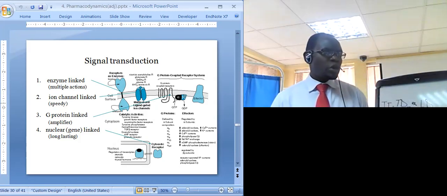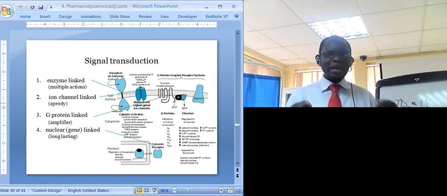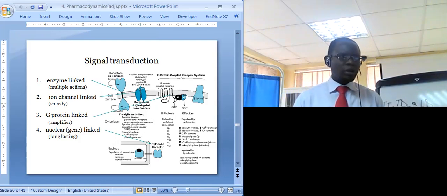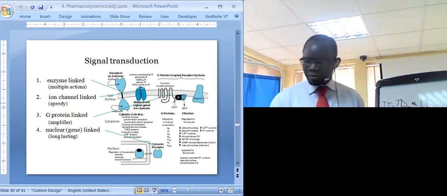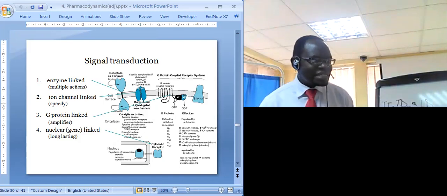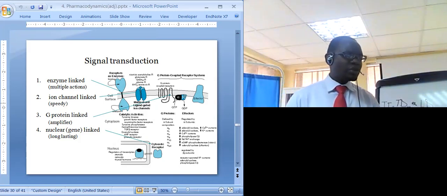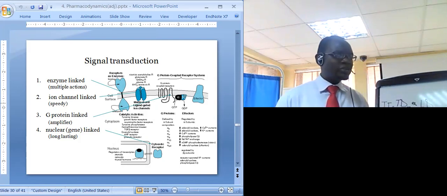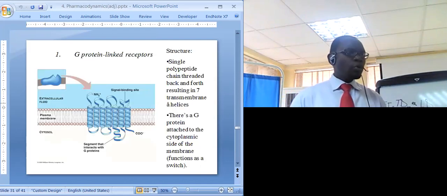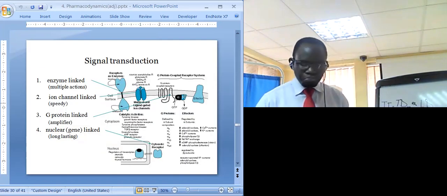So there are types of receptors that we are going to talk about, and as you can see, we have enzyme-linked receptors, ion channel-linked receptors, G protein-linked receptors, and nuclear-linked receptors. And so we are going to talk about those now.